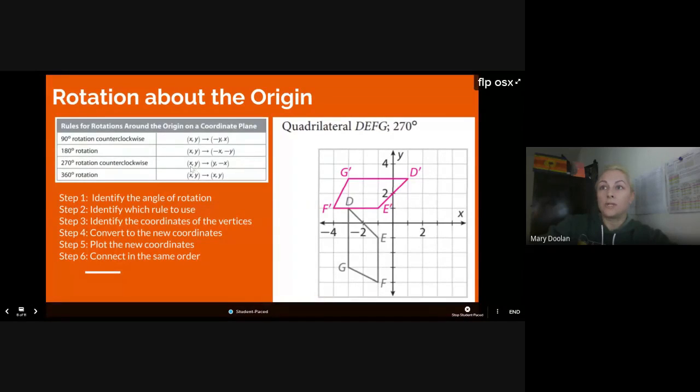So what I have to do is take (-1, -4), switch the order to (-4, -1), and change the sign of the x. So this becomes (4, -1)... Okay, and that's why it does end up at (-4, +1). Here's F prime. Okay, and so once you've done that to all your coordinates, you can reconnect them.